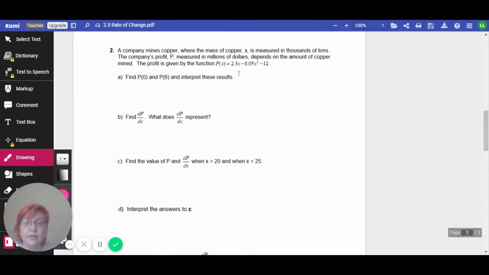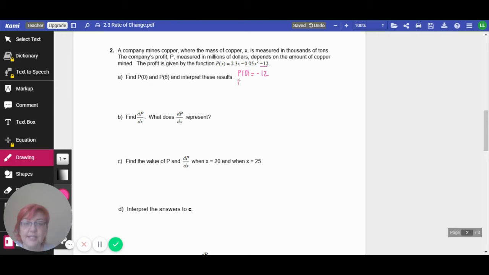All right. P of 0 is equal to, if I plug 0 in there, that's 0. If I plug 0 in here, that's 0. So the only thing left is negative 12. P of 0 is negative 12.